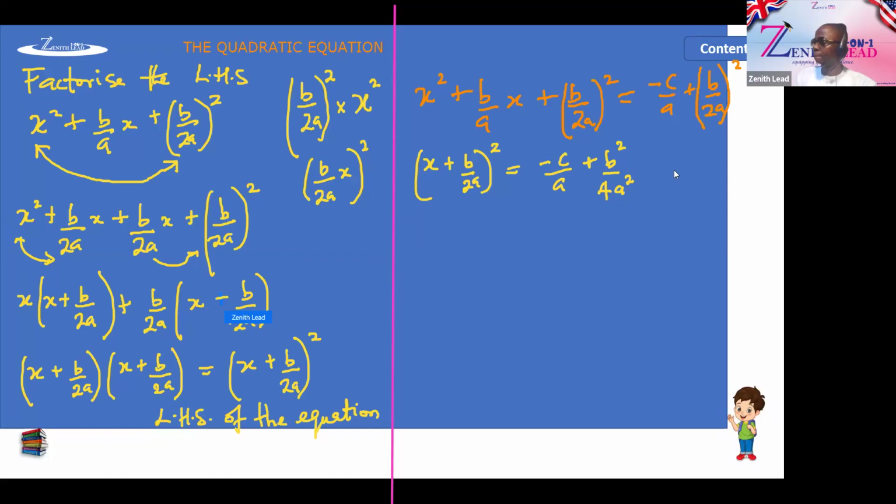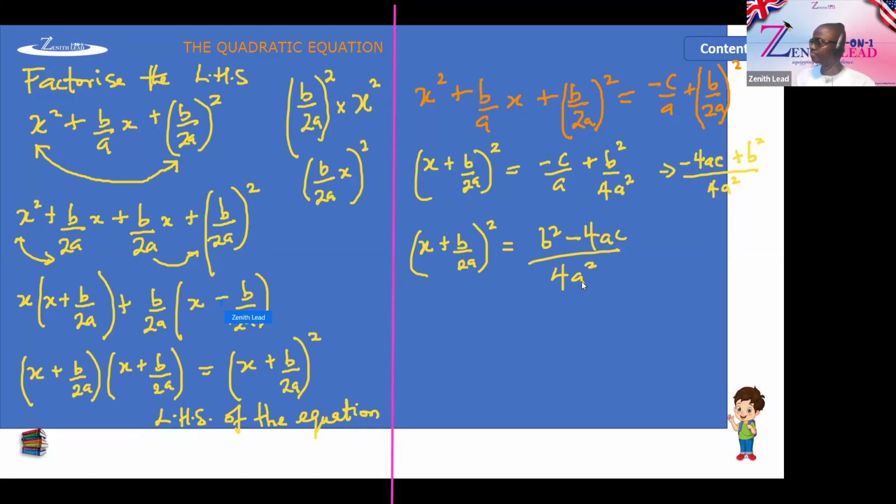That gives us a common denominator of 4a squared. Now, a goes in 4a squared 4a times, to multiply the numerator to give us minus 4a multiplying c, which is minus 4ac. And since b squared has that same denominator, it stays the same. So we can say that x plus b over 2a squared is equal to b squared minus 4ac all over 4a squared.